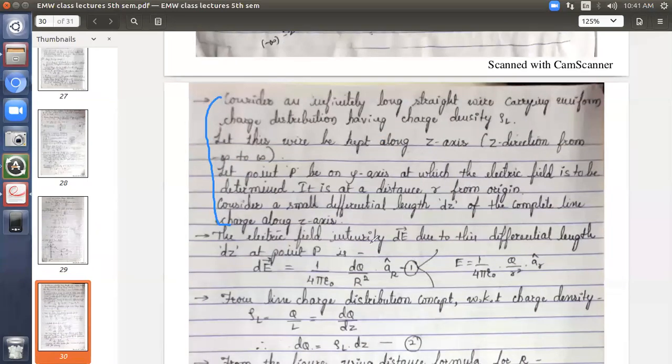Now the electric field intensity small dE due to a small length dz at point P is given by, what is the equation? dE is equal to 1 by 4 pi epsilon naught dq by r square into aR. We have derived this equation. Let me just show you.